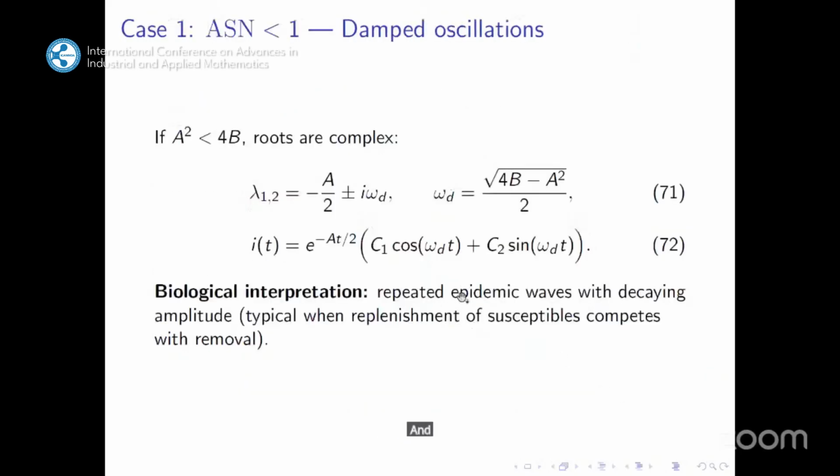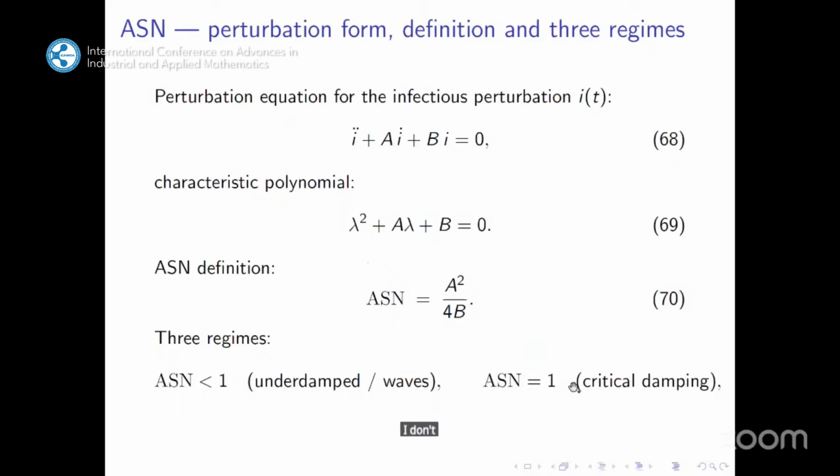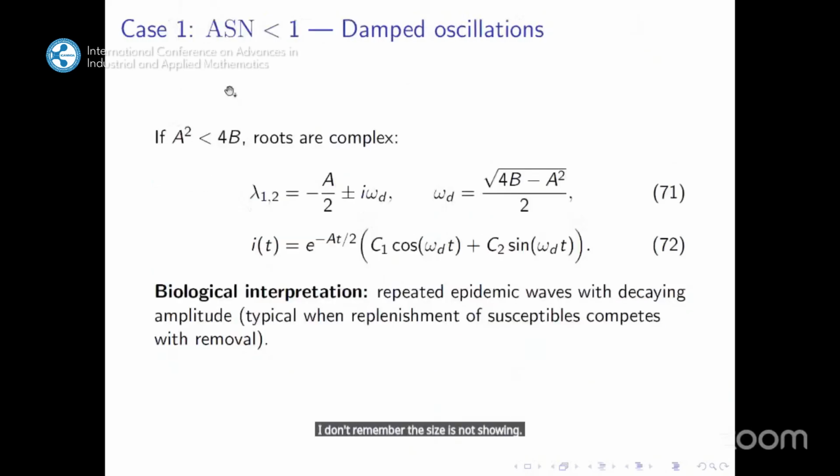So the first case, if the strength number is less than 1, this is the case where a squared is less than b over 4, so the roots are complex. So the biological interpretation of this will be, we have repeated epidemic waves with decaying amplitudes.